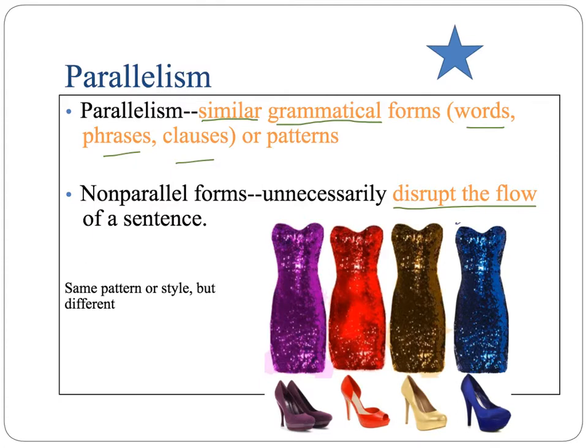So the example here that I have is the same pattern or style of dress, but in different colors. So that's kind of the same idea with parallelism. It's going to be the same structure of words, phrases, clauses, punctuation, but with different words and ideas.